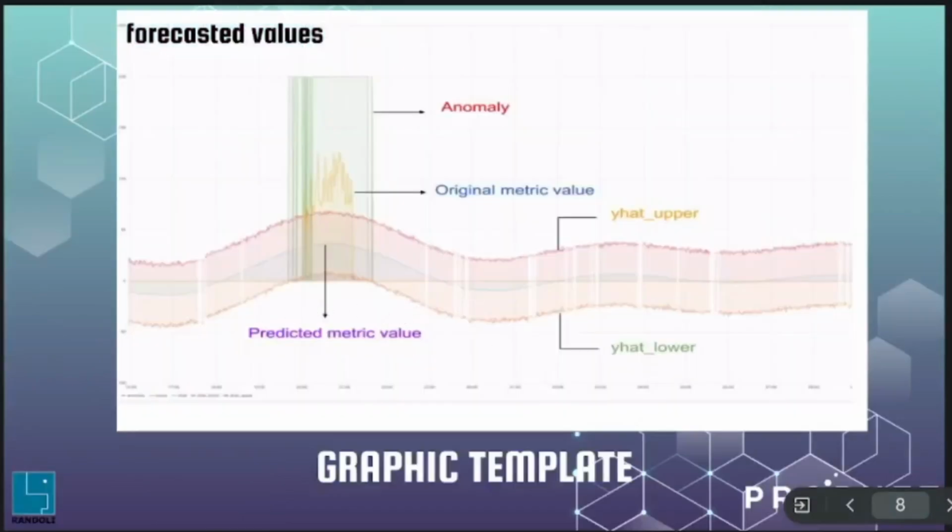For example, if the predicted value of a time series at a given point in the future is 10, and the upper and lower bounds of the prediction interval are 8 and 12, then this means that the actual value is likely to be between 8 and 12, but the most likely value is 10.